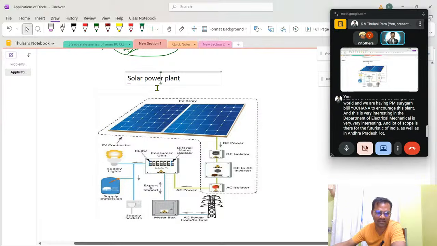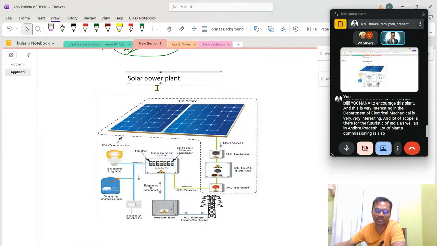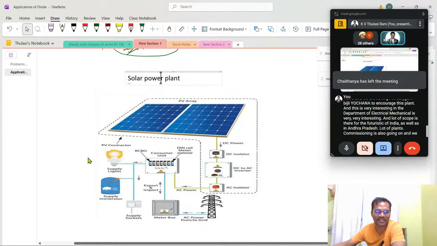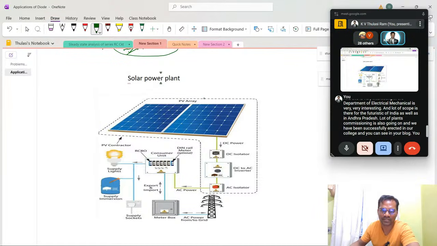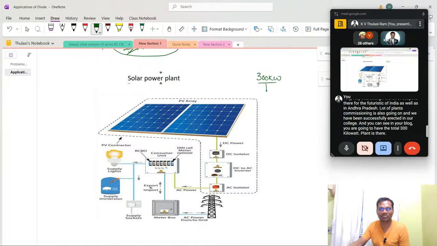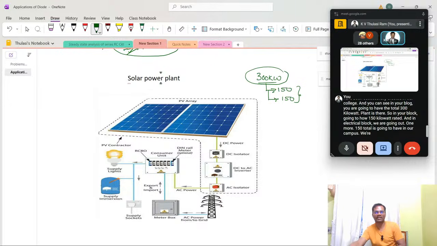Many plants are being commissioned, and we have successfully erected one in our college. In your block you will have a 150 kilowatt rated plant, and in the electrical block one more 150, so in total our campus has 300 kilowatt.